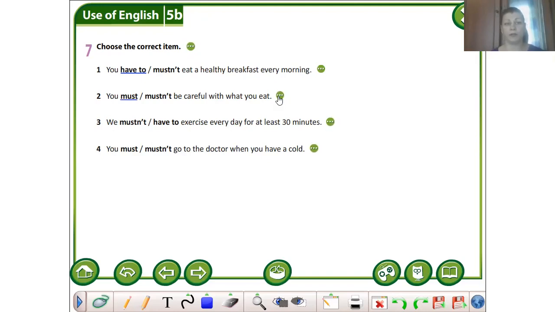You must be careful with what you eat. We exercise every day for at least 30 minutes. We have to exercise every day for at least 30 minutes. We go to the doctor when you have a cold. You must go to the doctor when you have a cold. Super.